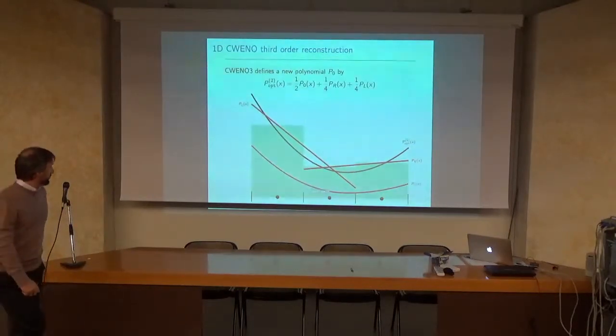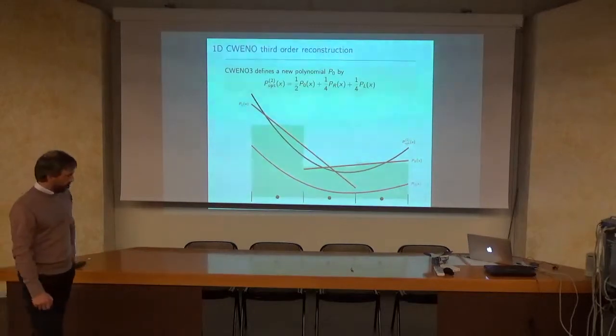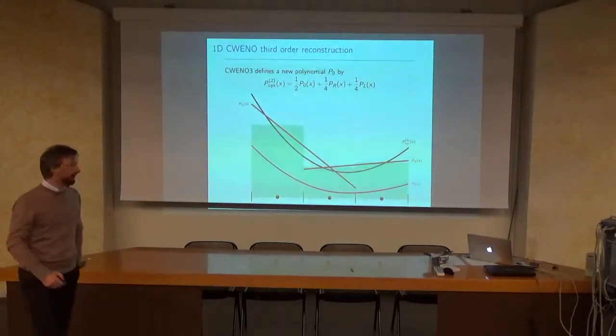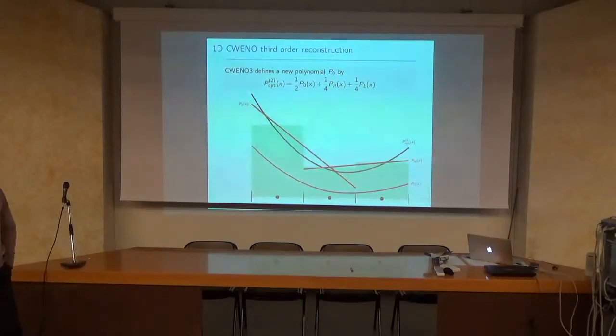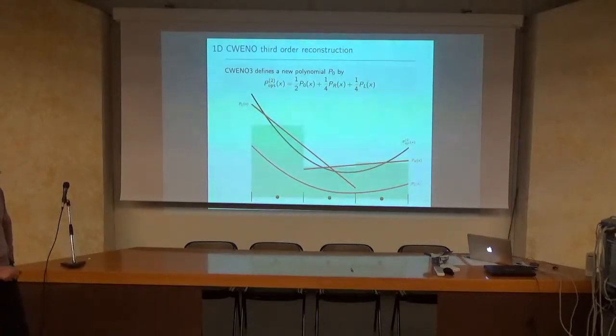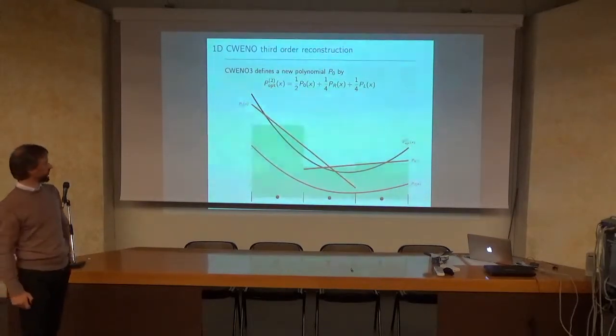So one way out is to go back to this CWENO procedure, which was introduced in the context of central schemes by Gabriele Capdeville, Giovanni Russo, and Doron Levy around year 2000. And the main ingredient here is that we have an optimal polynomial, which we would like to use when the solution is smooth.